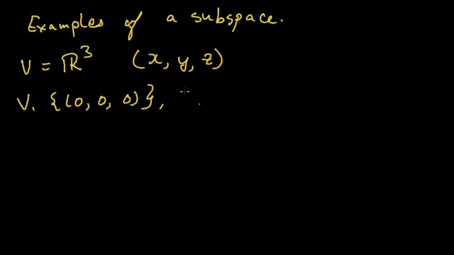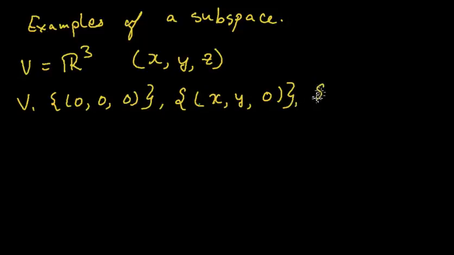Another sub-vector space would be the set of all x comma y comma 0, in which all the z components are 0 and the x and y components can be anything. This is also a vector space, and this is a vector space in R2.